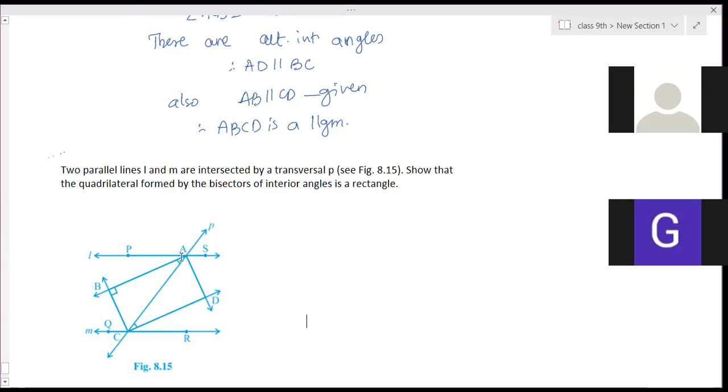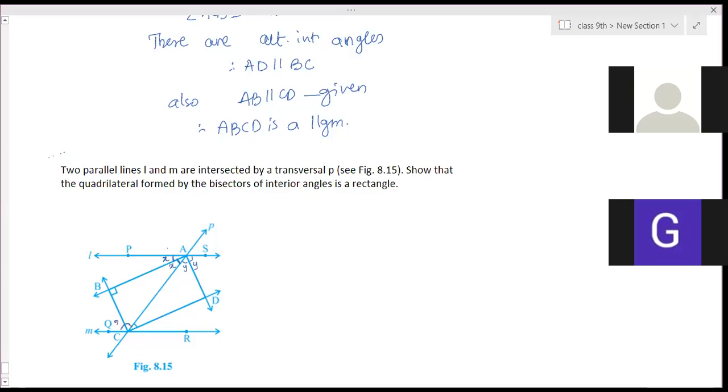So that means AB is one bisector, AD is the second bisector, CD is this angle bisector, and CB is the bisector of angle QCA. So we have to prove that ABCD is a rectangle. For this, we know this angle is equal to this angle. Consider this as x, x. This angle is equal to this angle, y, y.